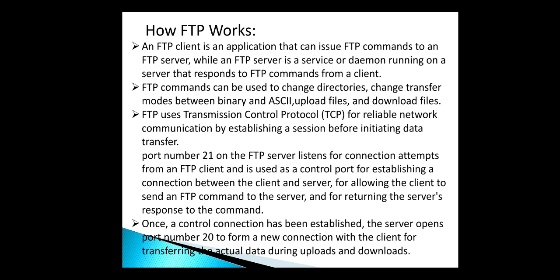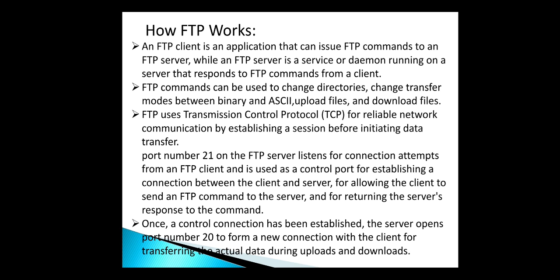The port number 21 on the FTP server listens for connection attempts from the FTP client and is used as the control port for establishing the connection between the client and the FTP server. For allowing the client to send an FTP command to the server and returning the server's response to the command, we use port number 21.